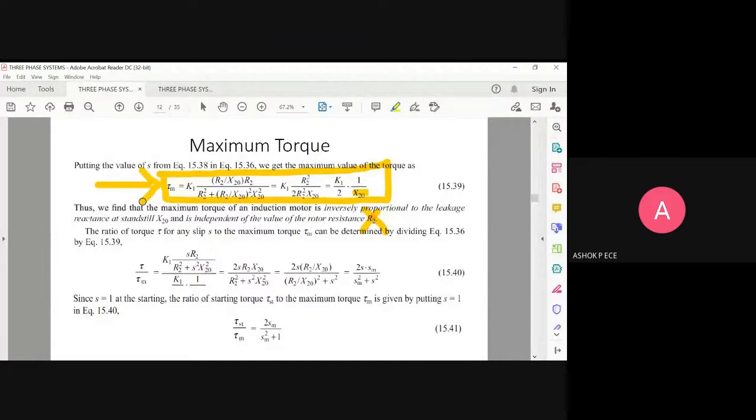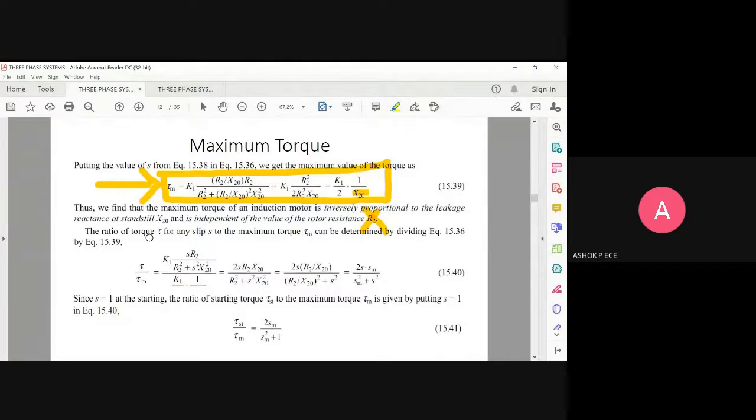Everything we study in theory, you can see practically happening if you visit any motor manufacturing company. So don't think these concepts are useless or just for getting marks. If you get a job in a core company designing motors, you will come back to these basics to learn how to maximize torque, minimize losses, and run the motor with minimum slip.